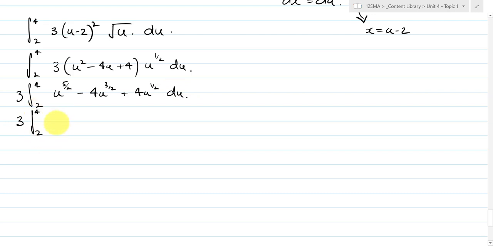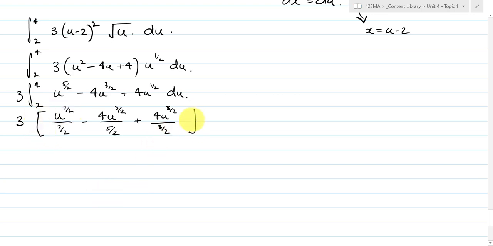4 and 2 of u to the power of 7 over 2 over 7 over 2, minus 4u to the power of 5 over 2 over 5 over 2, plus 4u to the power of, sorry, not a half, 3 over 2 over 3 over 2. I've done the integral now, so I don't need that anymore.